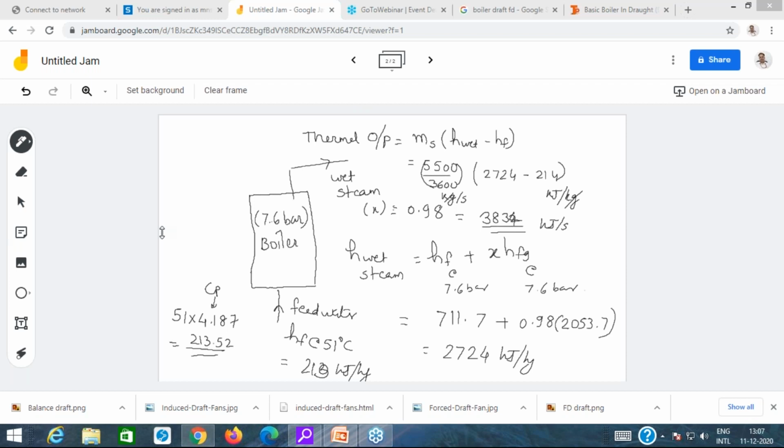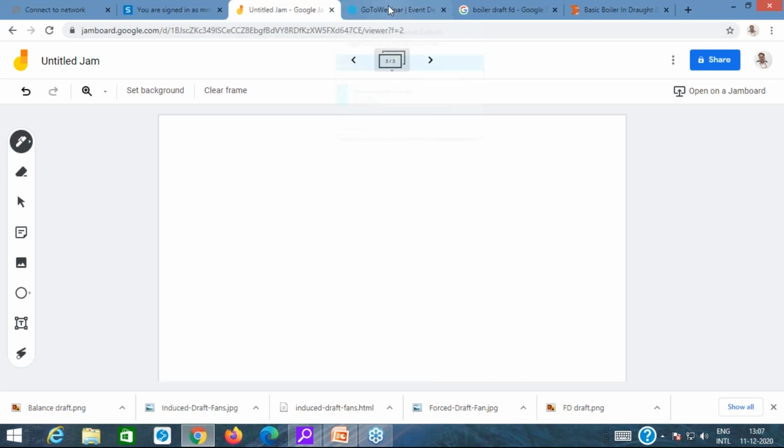Let me just use another slide now. The boiler output you have got as 3834 kilojoules per second. Now boiler input means the energy released by the combustion of the fuel.